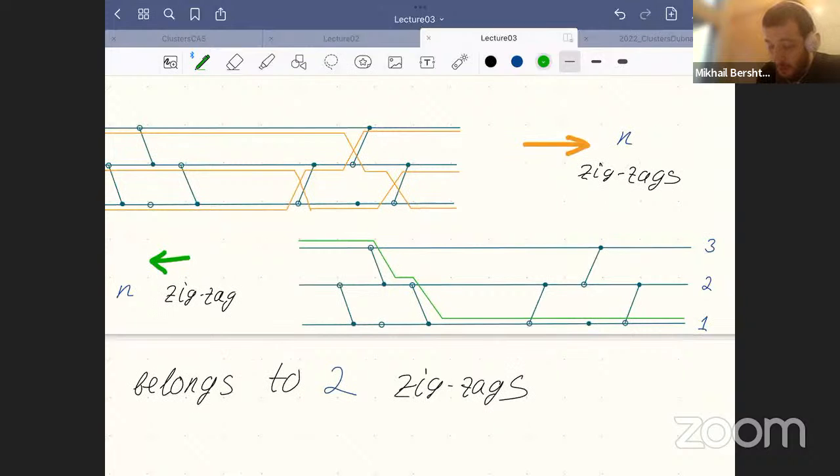For completeness, let me draw all the others. So this one goes like this. Then here like this. Here like this. And here it returns.